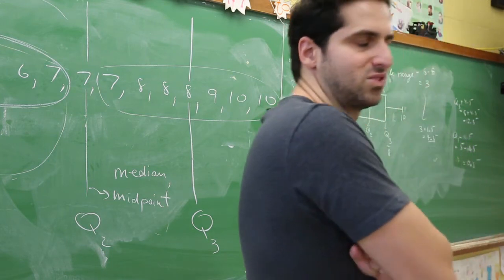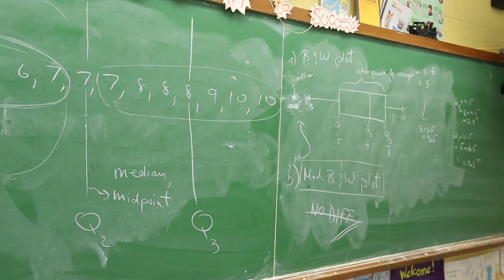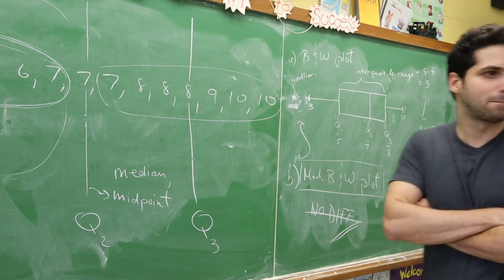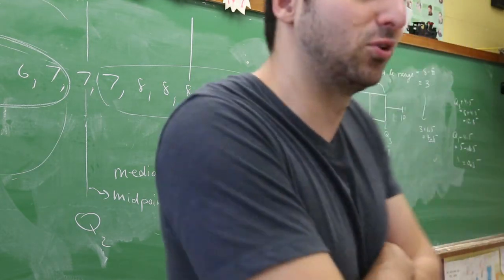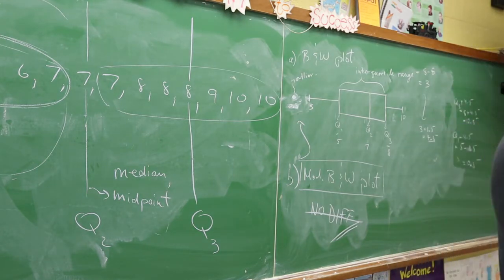So why is it 1.5? No idea why they came up with that convention. You can make your own box and whisker definition and make it 1.7, but there should be a logic behind it. Maybe, I have no idea. One thing I can say about it is they want to come up with some kind of a convention.